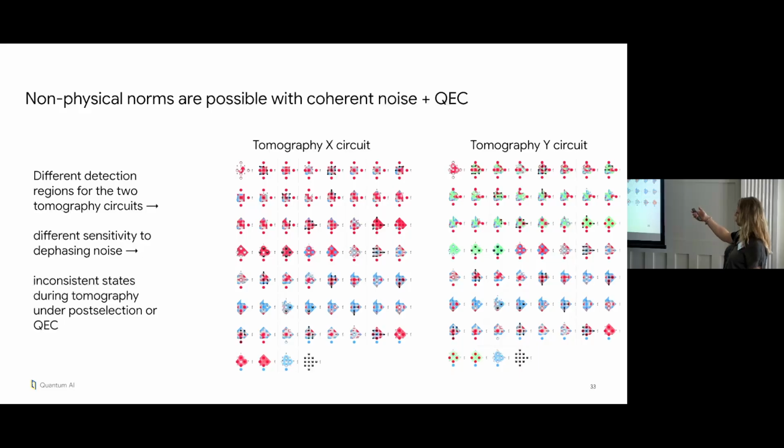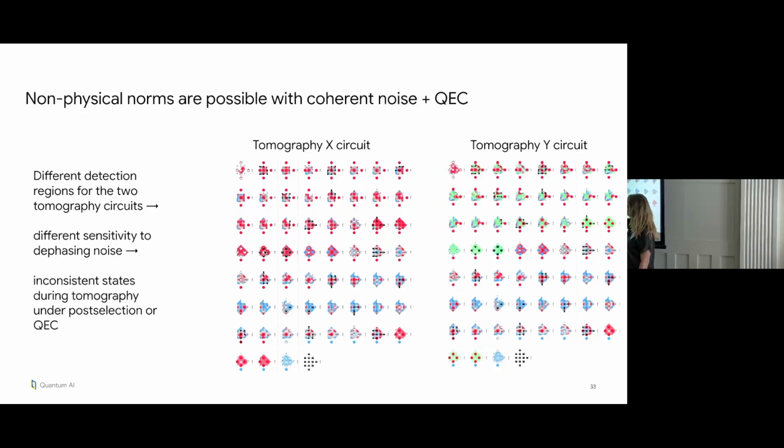And so when we do so, we have different detection regions throughout the circuit. So here what I'm showing is the detection regions, the sensitivity to different types of noise throughout the circuit. If you were to zoom in on these plots, you would see a whole bunch of gates. And each box here is like a clock tick. So there's a different gate at each clock tick here, and the detection regions change accordingly.